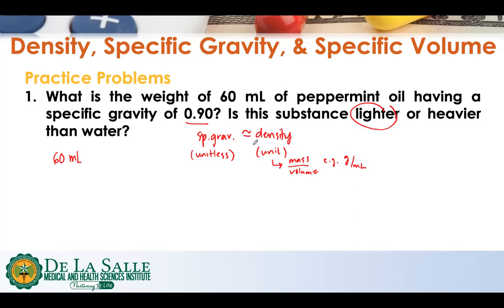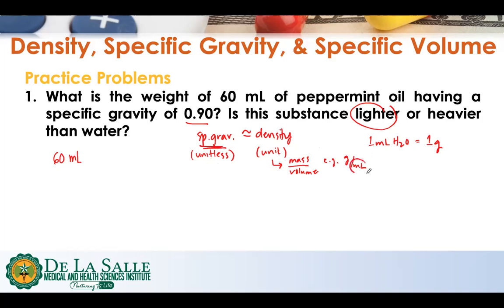Now, remember that 1 milliliter of water has a weight of 1 gram. So, if the density is given in grams per ml, it is basically the same as the numerical value of its specific gravity because specific gravity is defined as the weight of the substance divided by the weight of an equal volume of water.